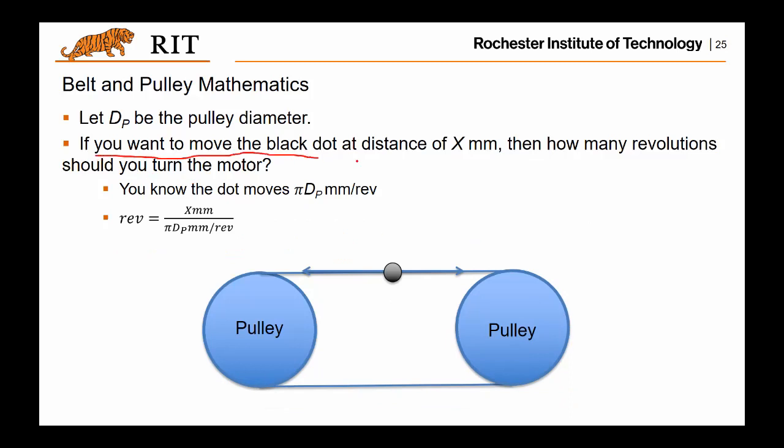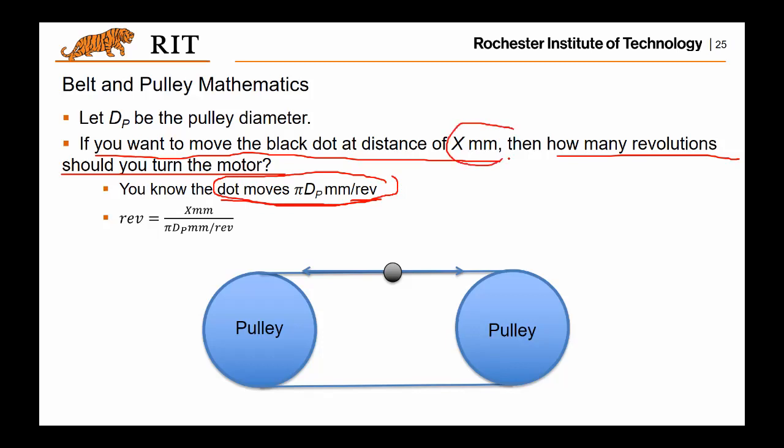So if you want to move the black dot a distance of x millimeter, then how many revolutions should you turn the motor? Basically, you already have the dot move speed, which is pi dp millimeter per revolution, right? You already know this per revolution, and you know the distance is x millimeter. Then how many revolutions of the motor is it?